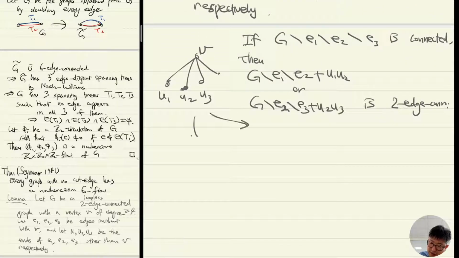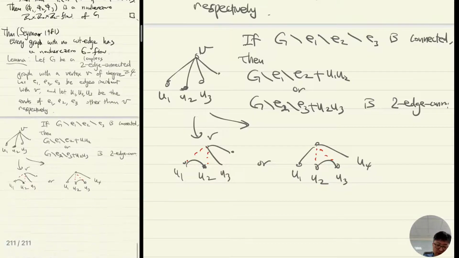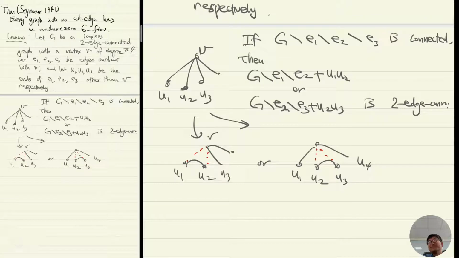So in that case, I can delete these two edges and add a shortcut. Red edges are removed. So one of these two will be 2-edge connected. That's the lemma, and this will be a homework problem. It's a nice application of the submodular property.